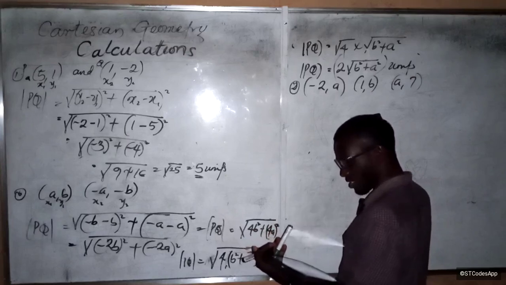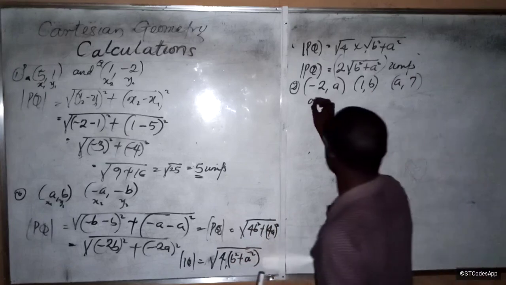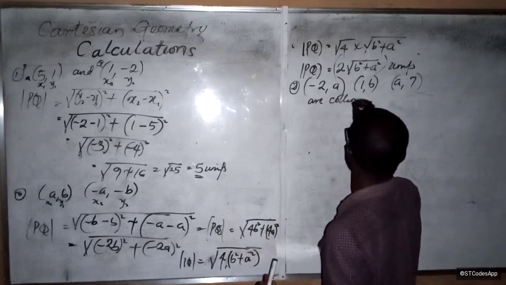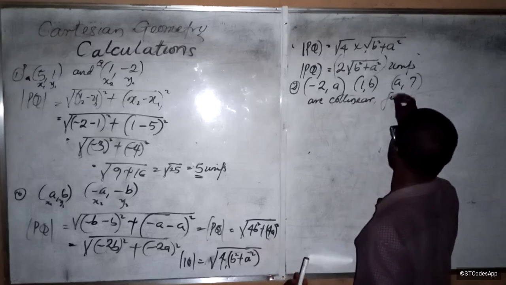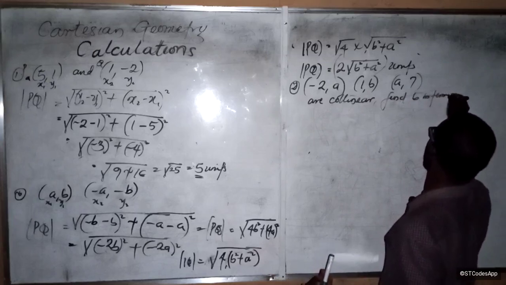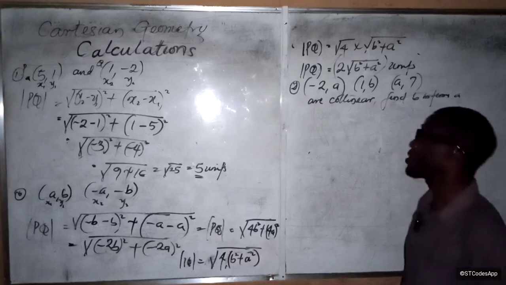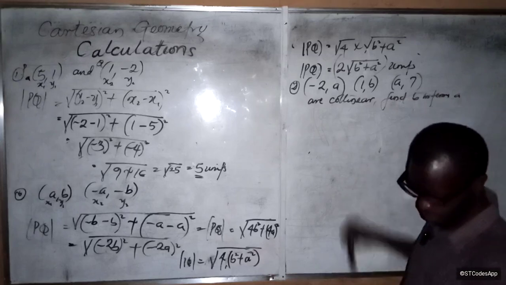Find b in terms of a. So it says they are collinear. Find b in terms of a. It simply means make b the subject of the formula when you have worked up your stuff.